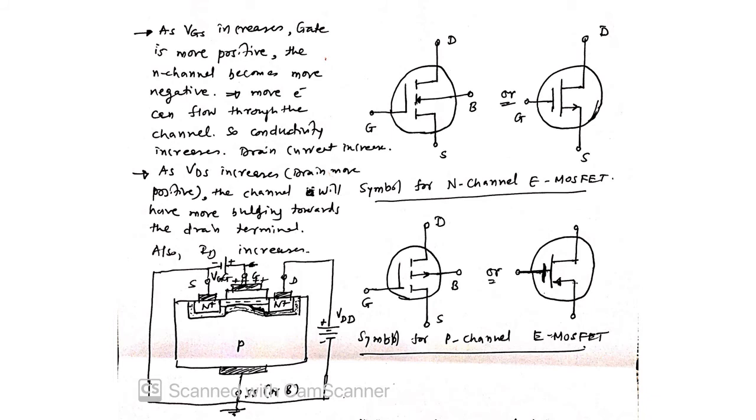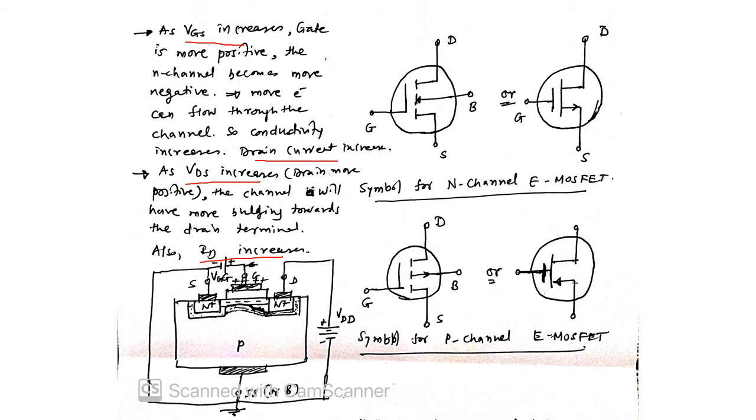One more phenomenon: as I said, as VGS increases, ID current has to increase. Similarly, as VDS increases, ID increases. But there is one more phenomenon. When VGS is positive, the gate is more positive, and the drain is made positive, what happens?